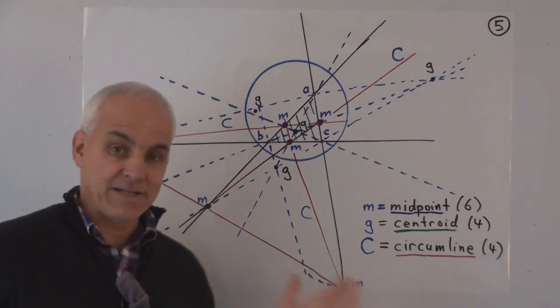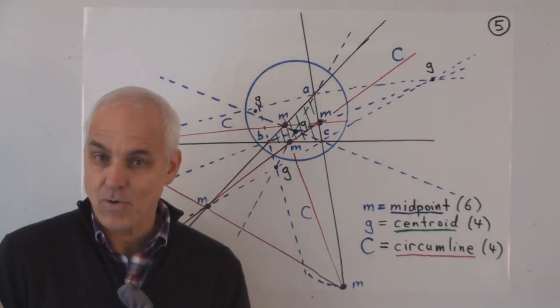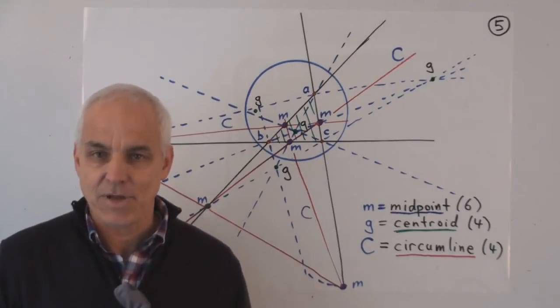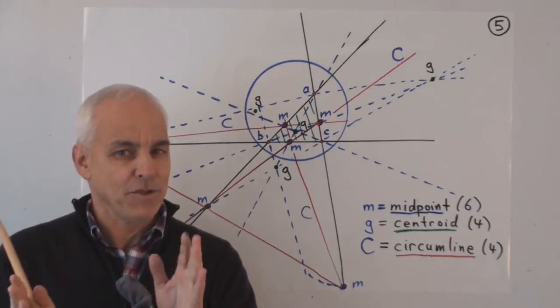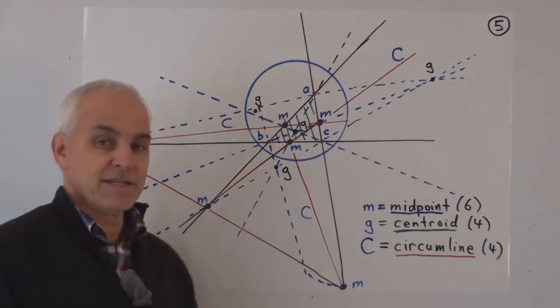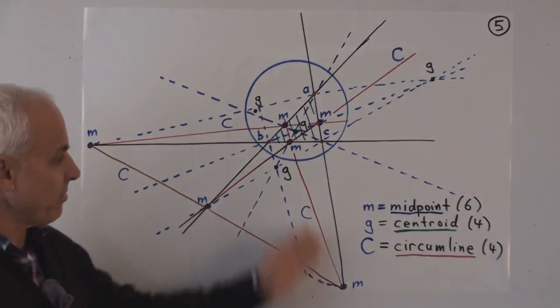There are no such lines in Euclidean geometry. In Euclidean geometry, there are only 3 midpoints. There's not enough of them to be able to see these other lines, at least not in the usual way of looking at things. We're going to give these lines names. We're going to call them circumlines, and we'll denote them by red.